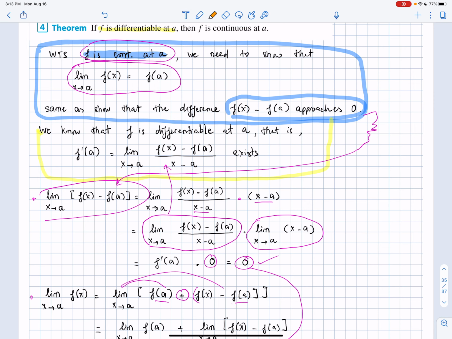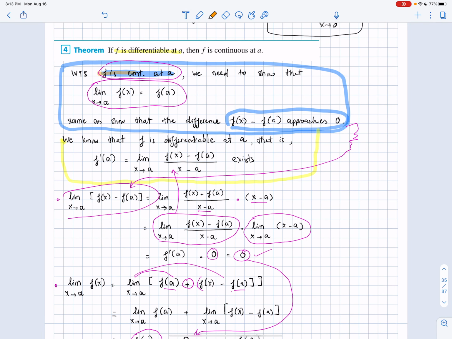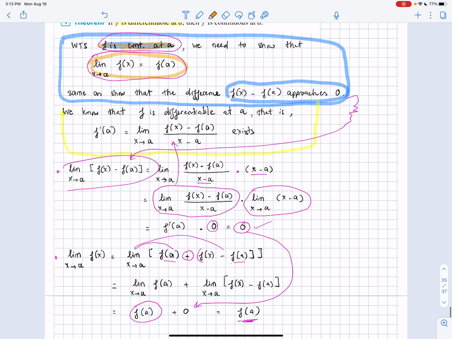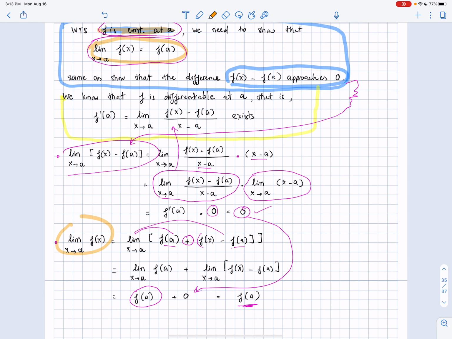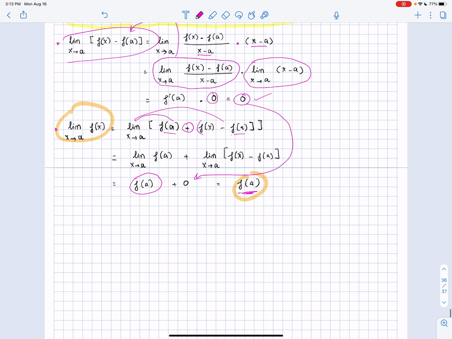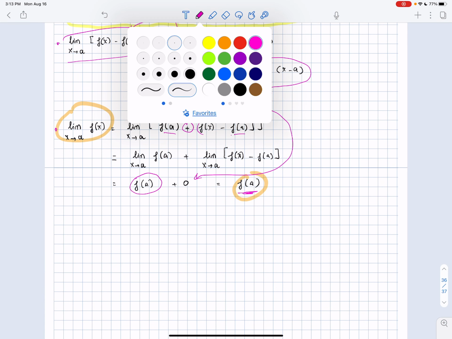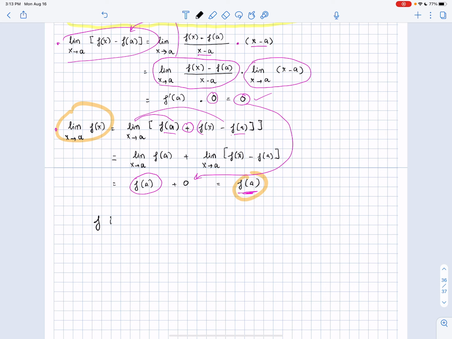We want to show that the function f is continuous. That means we want to show that the limit of f of x as x approaches A equals f of A, and that's it, right? Okay, so we can conclude that the function f is continuous at A.